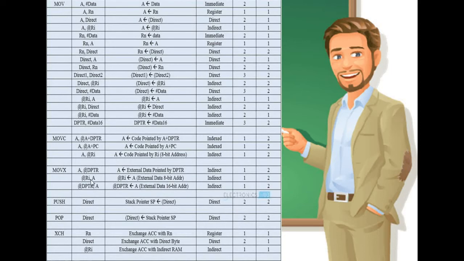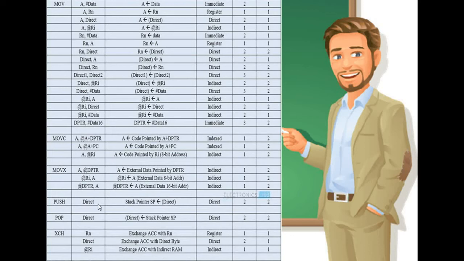It's an accumulator with an indirect addressing mode. That means here the external 8-bit data is moved using indirect addressing mode. Here the external data bus, or the data which is present in the accumulator, is given to the external data address.